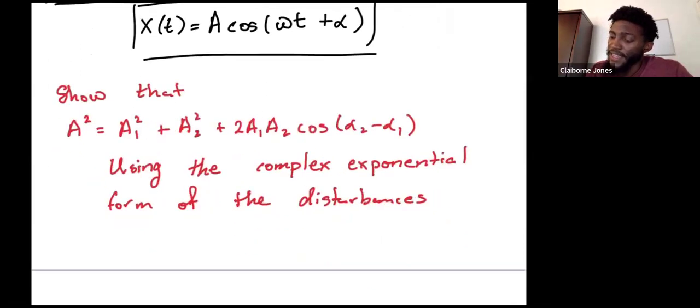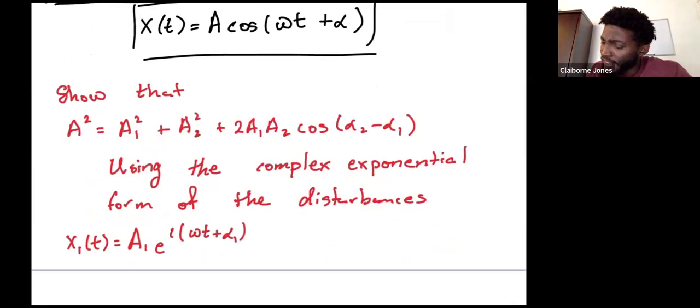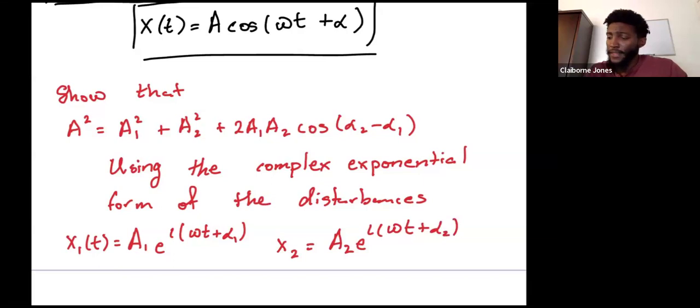So what am I saying? I want you to use the fact that x1 of t is equal to a1 e to the i omega t plus alpha 1, and that x2 of t is equal to a2 e to the i omega t plus alpha 2. Let me be a little more precise here.